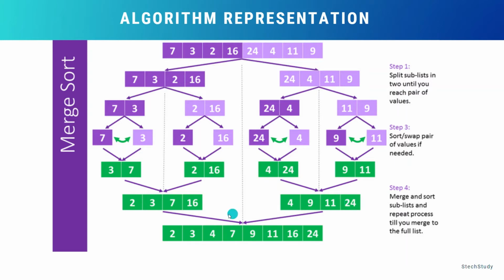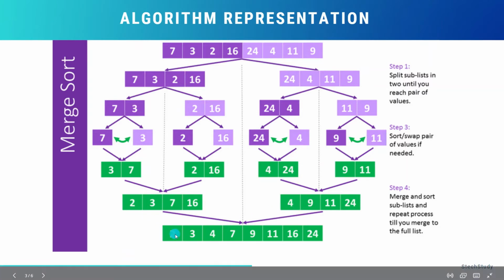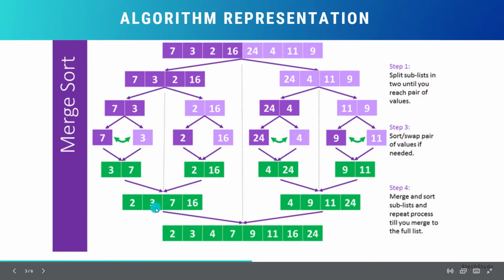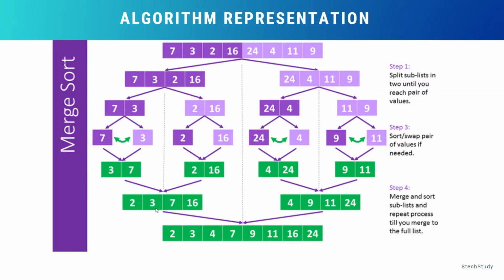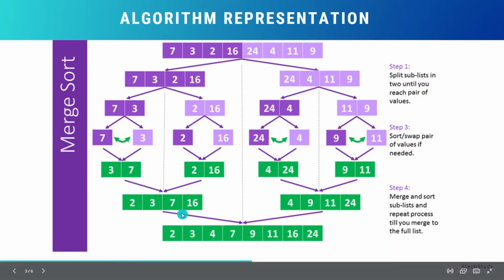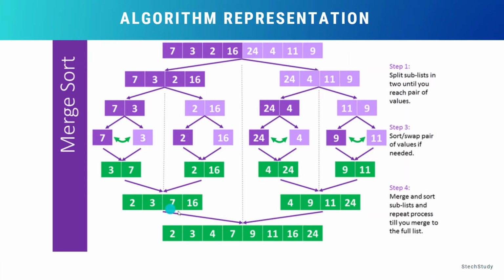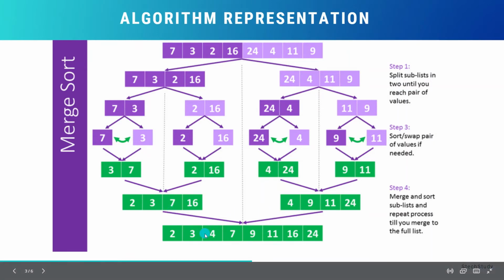In the same way, take these two sets of arrays. 2 and 4 will be compared. 2 is lesser, so it gets copied to the new array. Next 3 and 4 will be compared. 3 is lesser, so it gets copied. Next 7 will be compared with 4. 4 is lesser, so 4 will be copied. 7 will be compared with 9. 7 is lesser, so 7 will be copied.